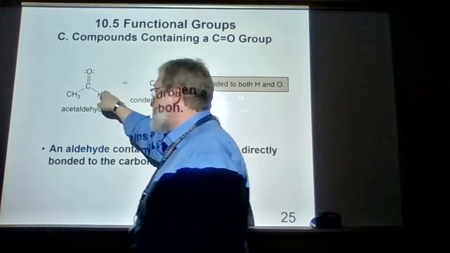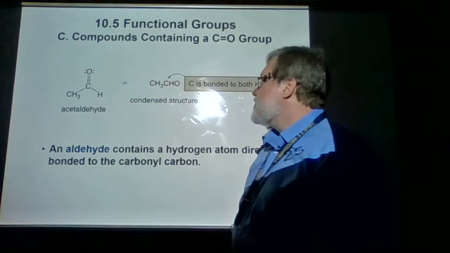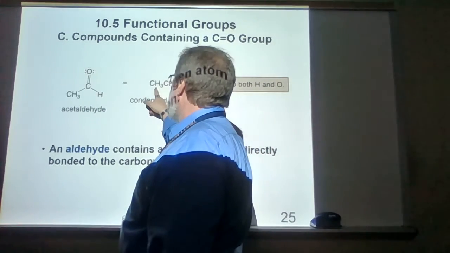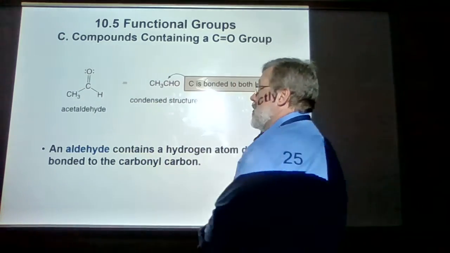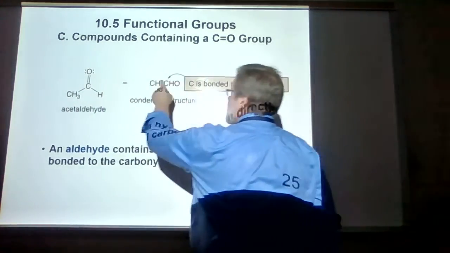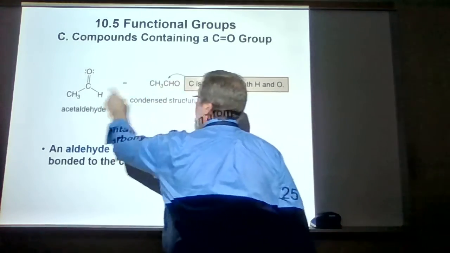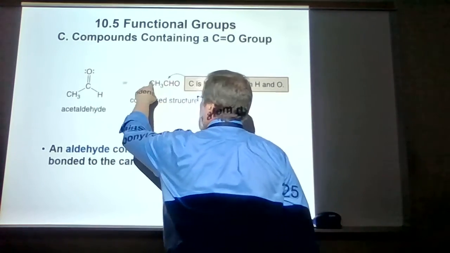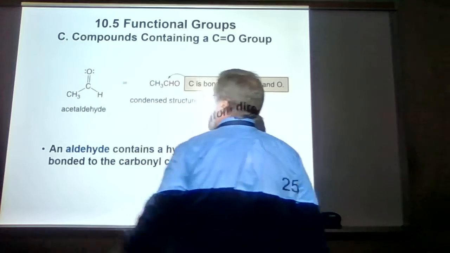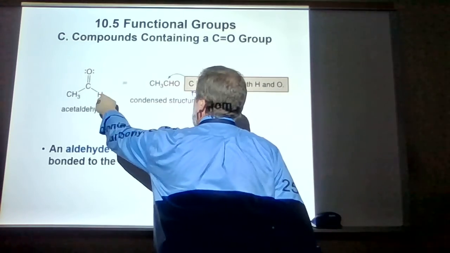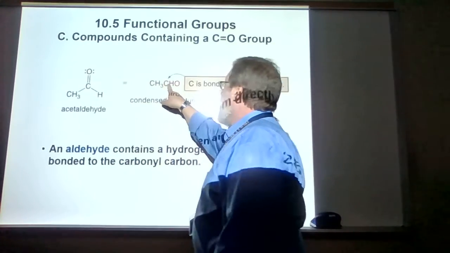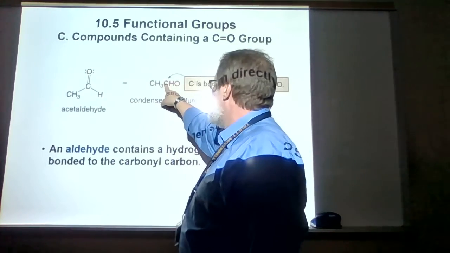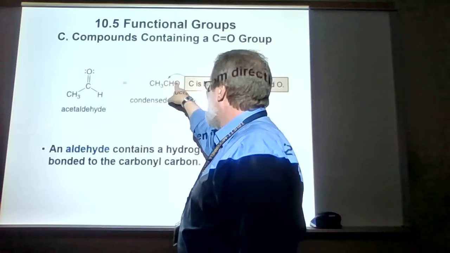The aldehyde is just the H. So we start with CH3, carbon. What's that carbon bonded to? Well, it's bonded to that. So this carbon appears to the right of the methyl carbon. What is this carbon attached to? It's attached to a hydrogen and the oxygen. So we have the hydrogen that's attached to the carbon and this oxygen.